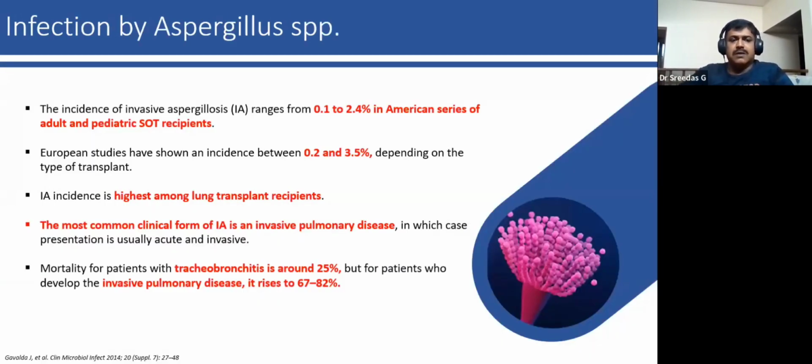Now, going on to Aspergillus, the incidence of invasive aspergillosis is 0.1 to 2.4%, and as I've told earlier, the incidence is higher in lung transplant recipients. The most common form of invasive aspergillosis is invasive pulmonary disease, which usually presents as an acute invasive pulmonary disease. You can have tracheobronchitis, which has a mortality of 25%, and invasive pulmonary disease, which has a mortality of 80%.